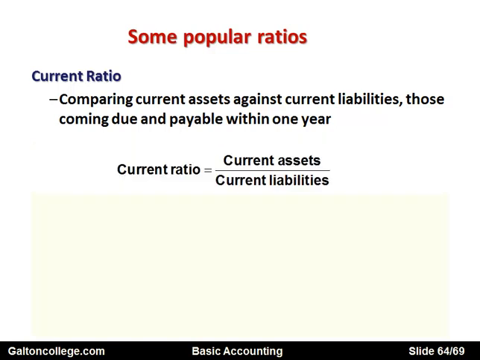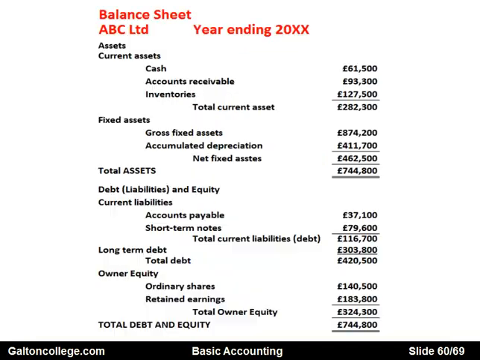So it's current assets divided by current liabilities. We can go back to the accounts and look at those. It's 282,300 over 116,700.